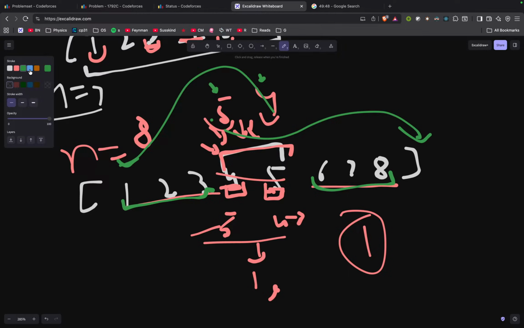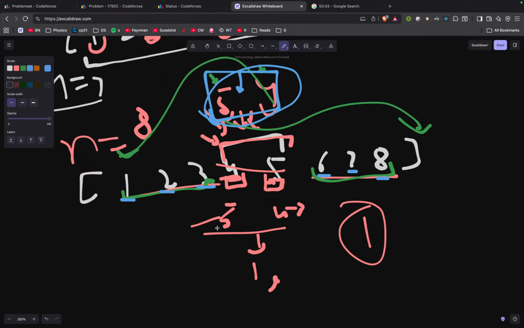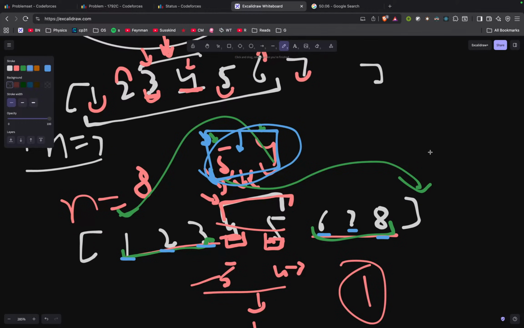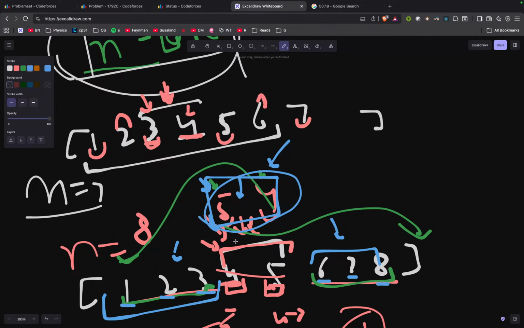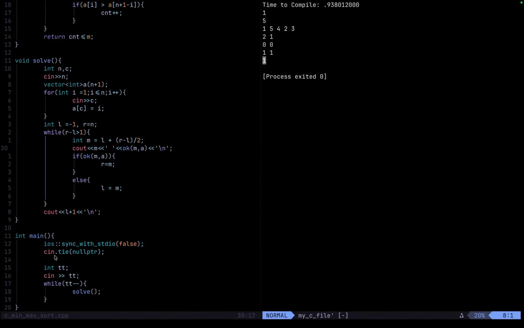So after that, we would have to choose 3 and 6, and then 2 and 7, and then 1 and 8. So we will begin from the innermost pair and first look at their order. If they are out of order, then we will do one operation here and one operation for all of the remaining pairs. And also if they are not in the correct position, then also we will do one operation.